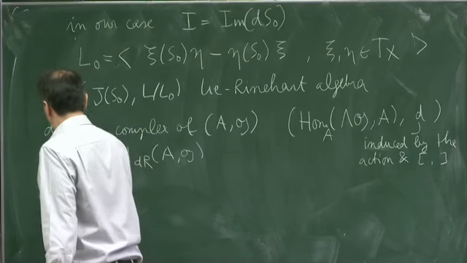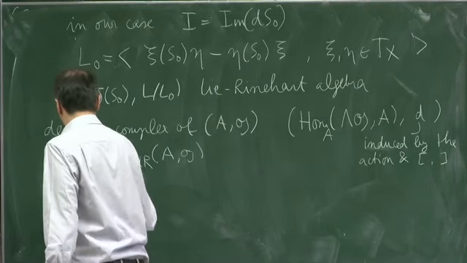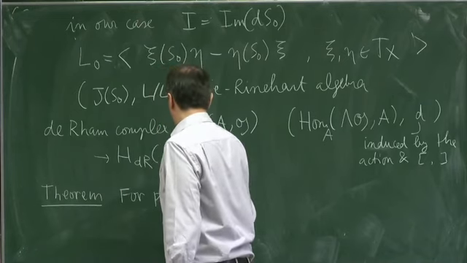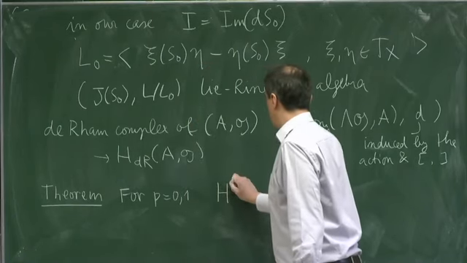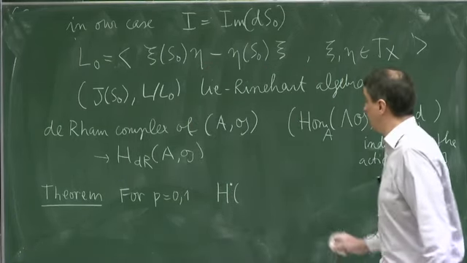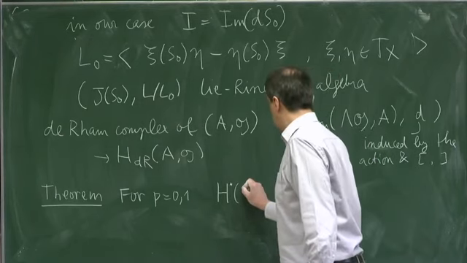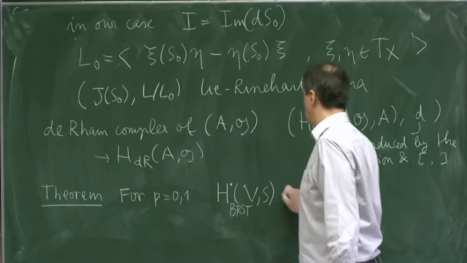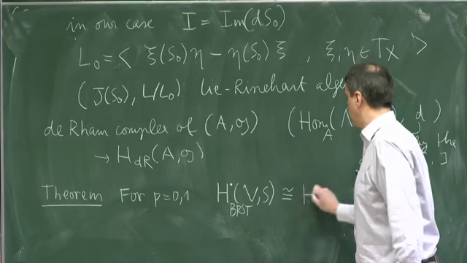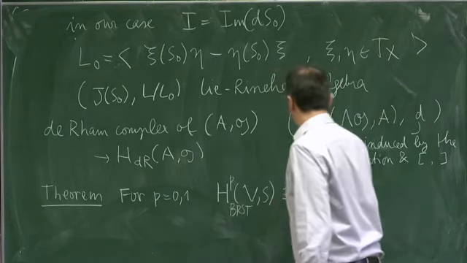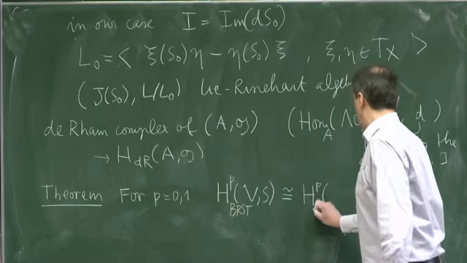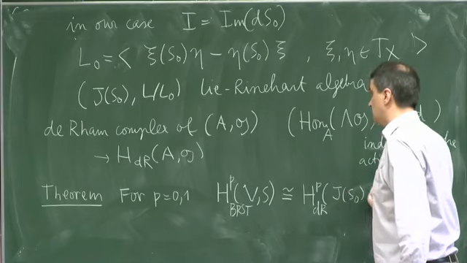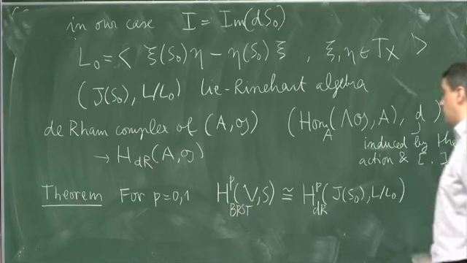And the theorem is that for P equals 0 and 1, the cohomology of the BRST complex, call it BRST, is isomorphic to H^P de Rham of this Lie-Rinehart algebra: the Jacobian ring, and the quotient by the trivial symmetries.